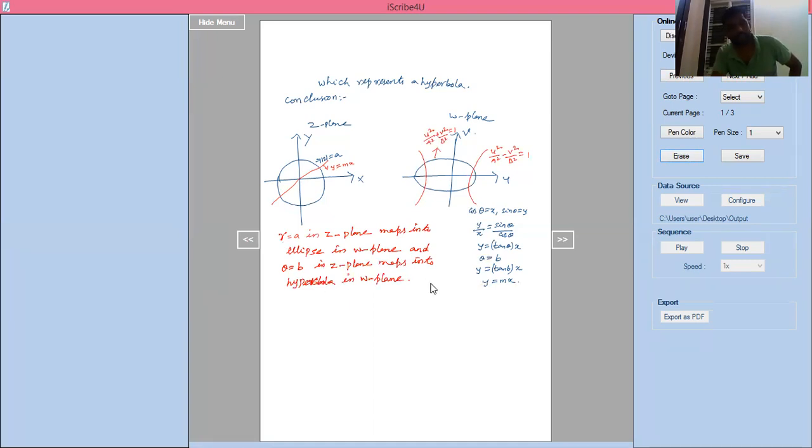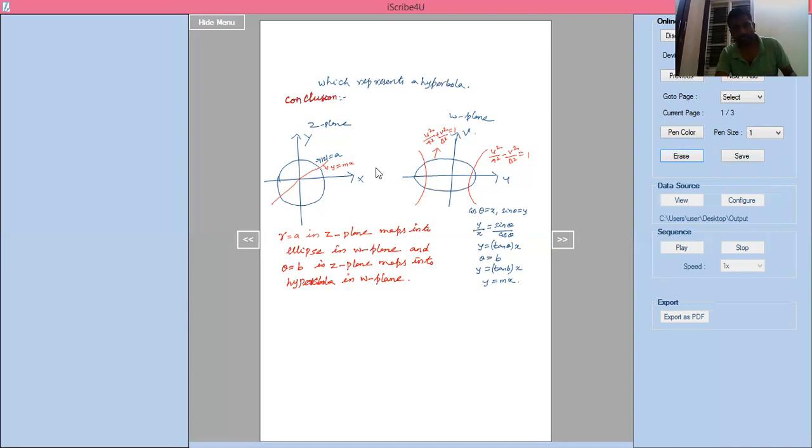This is the conclusion for this problem, w equal to z plus 1 by z. Here we have explained that r equal to a, or modulus of z equal to a, maps to an ellipse.